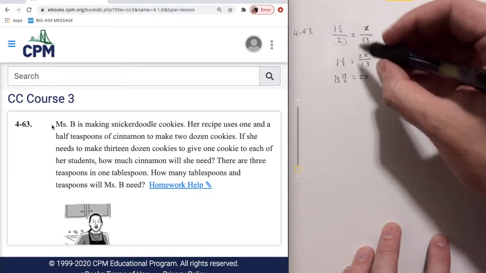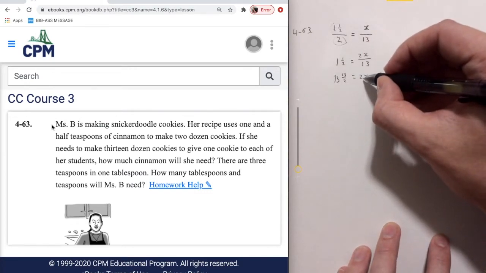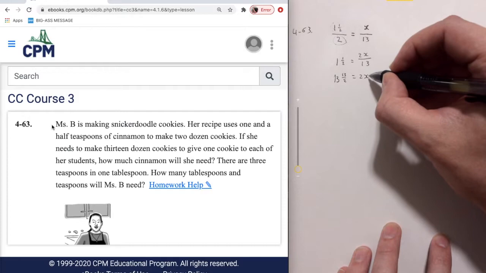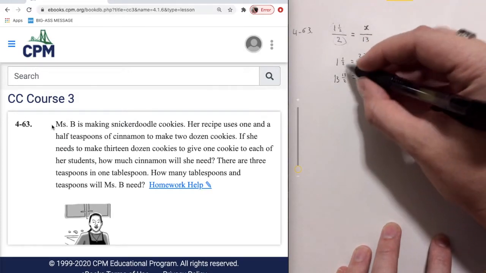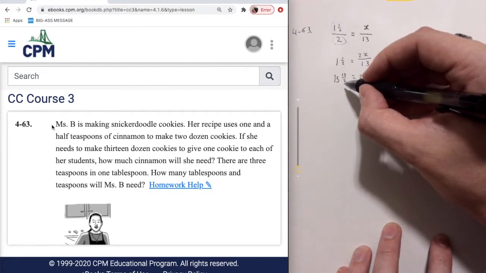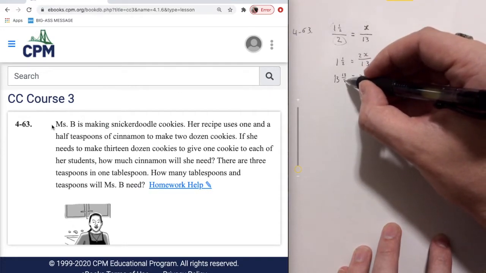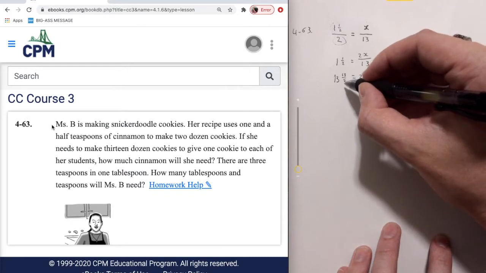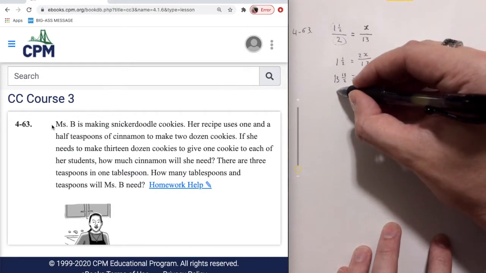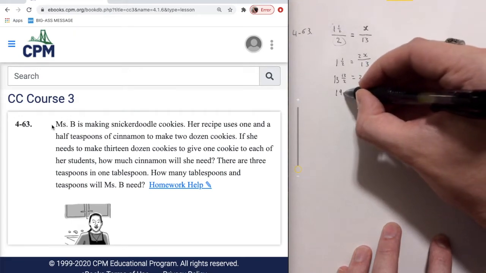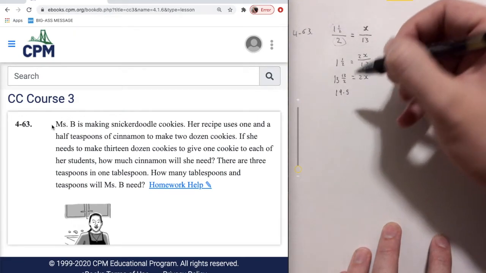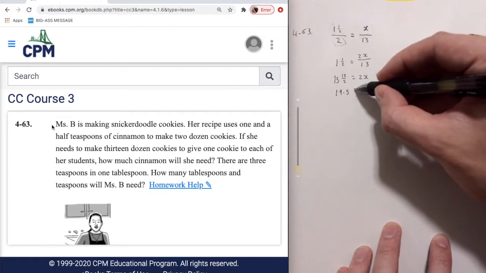And then finally we want to divide both sides by 2 to get x by itself. Or I suppose we should simplify the side on the left a little. So 13 over 2 is going to be 6.5. So over here we're going to end up with 13 plus 6.5, so it's going to be 19.5, and that still equals the 2x.